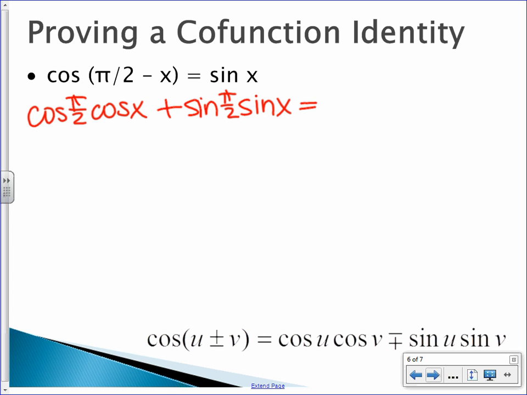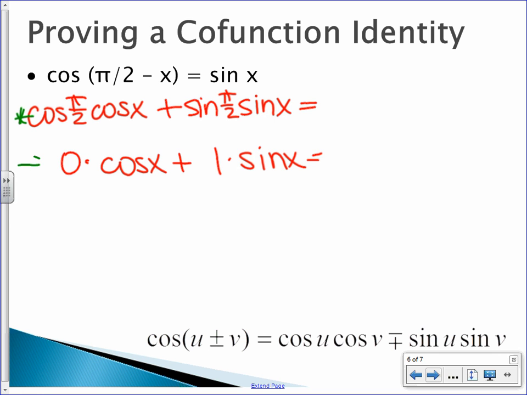Well, this isn't too bad, is it? What's the cosine of pi over 2? 0. Plus, what's the sine of pi over 2? Okay, I realize that at this step, you know that the cosine is 0 and the sine is 1.